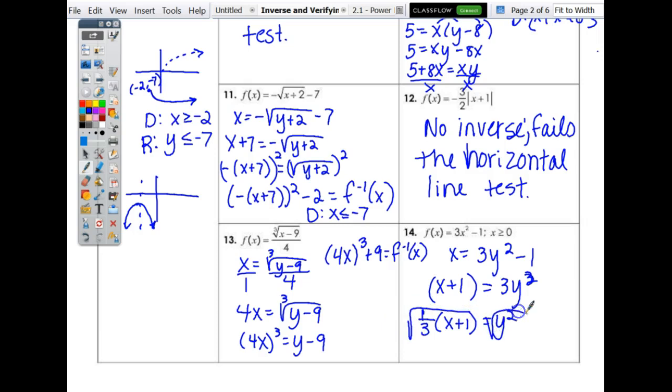I have to square root. And what did we say we can't have underneath the square root? It can't be negative, right? So the x plus 1, I want my domain to be x greater than or equal to -1.